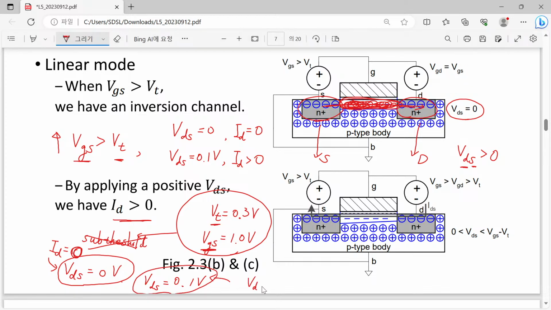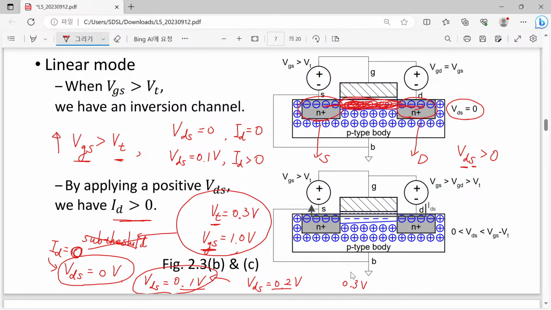Then my second question is, how about 0.2 volt? Please compare this and that. What will happen? Please compare 0.2 and 0.3.